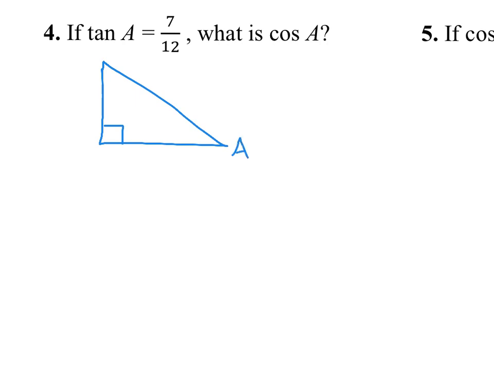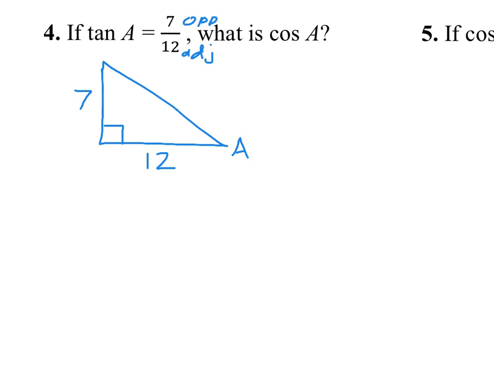We know that tangent A equals 7 over 12. Tangent is opposite over adjacent. So wherever you chose to put angle A, on the opposite side you have to put a 7. On the adjacent side, you have to put 12. Now do the Pythagorean theorem.